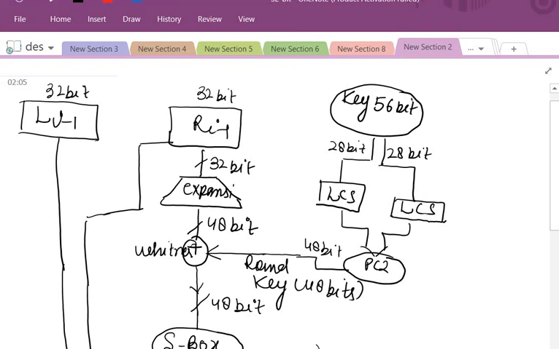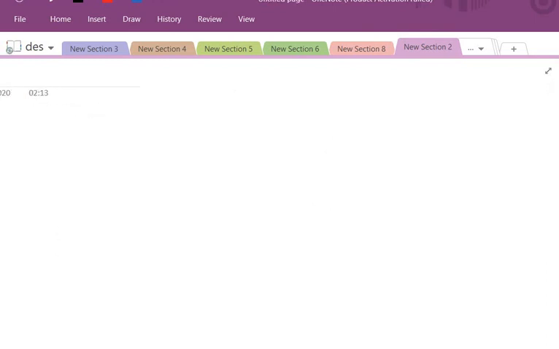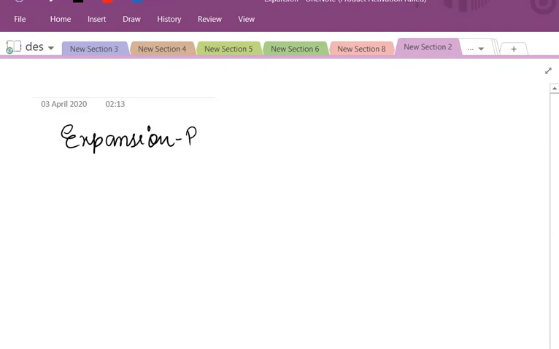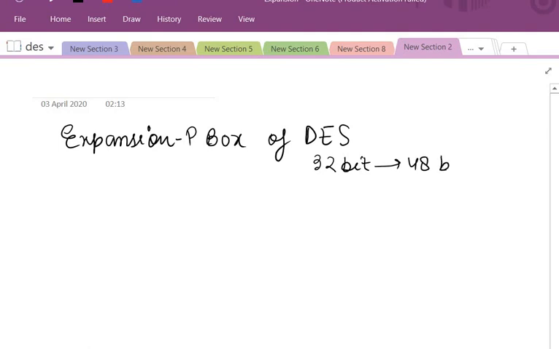So how will the 32-bit input be converted into 48 bits? That is the functionality of the expansion P box inside the DES. The expansion P box will convert a 32-bit input into a 48-bit output. So 48 bits means 8 into 6, and the input is 8 into 4.